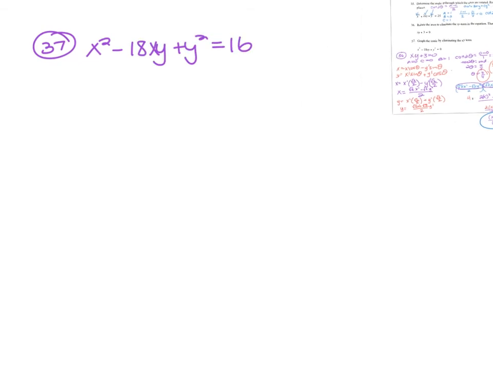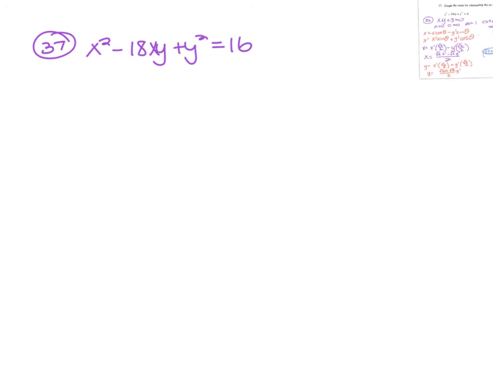But for 37, we're changing it so that it says x squared minus 18xy plus y squared equals 16. I think this will work. We're going to try it out. All right, so this is your rotation of your conics. So you've got to eliminate your xy term.